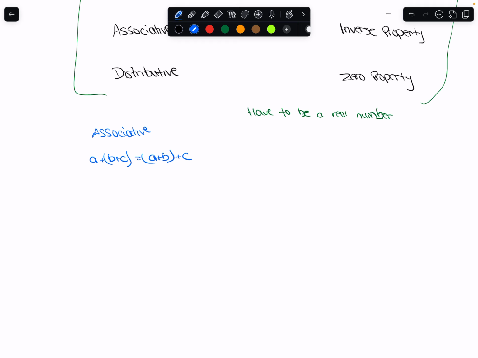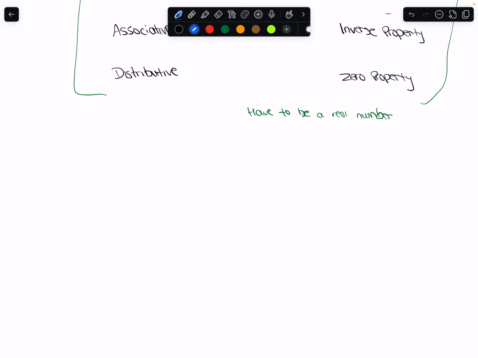This can also apply, like I said, to multiplication. If I group it in the same way, I should expect to get the same answers. If I have A on the outside and B times C, it should give me the same exact answer as if I had A and B in parentheses and C on the outside. We should be good so far.